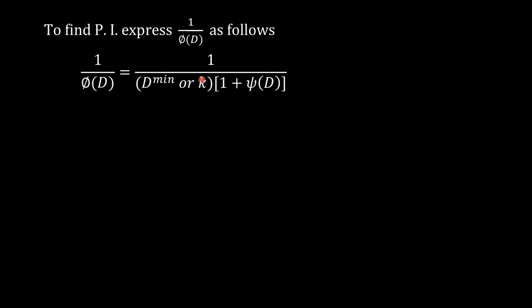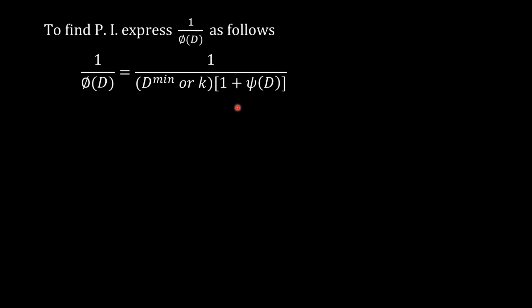For a moment, forget about d minimum or k, and just concentrate on 1 upon 1 plus psi of d. We have taken one of these two things common just to get the constant term 1 in the expression, because only then will we be able to use the previous formula.